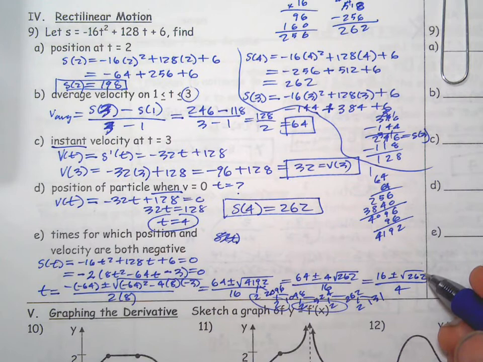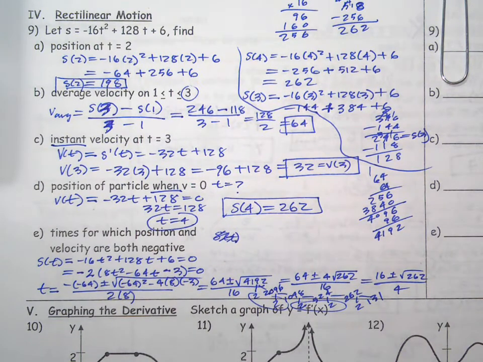Square root of 262, 250. Let's see. 12 squared is 144, 13 squared is 169, 14 squared is, I think, 14 squared. 16, carry the 1. 0, 4, 1.